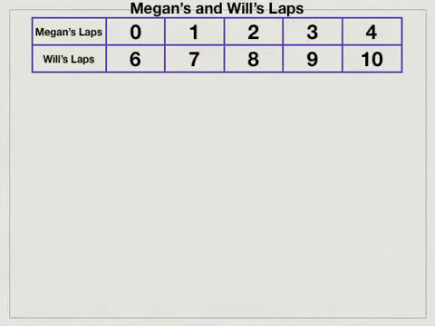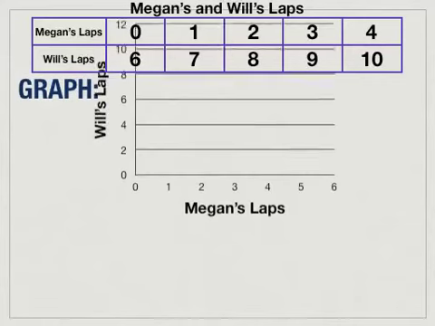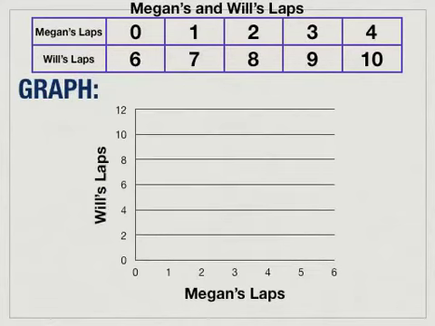The last thing that we were asked to do is to create a graph. So I'm going to use the table that I had already created on the previous slide to create my graph, by plotting the points of Megan's to Will's laps. I'm going to start by having a graph. Notice I've labeled my axes.